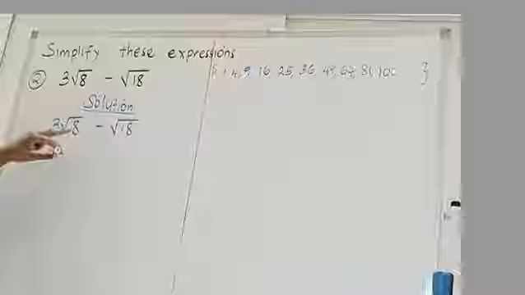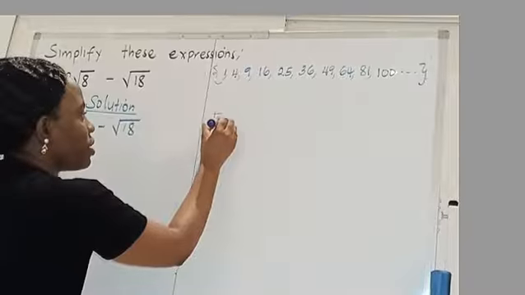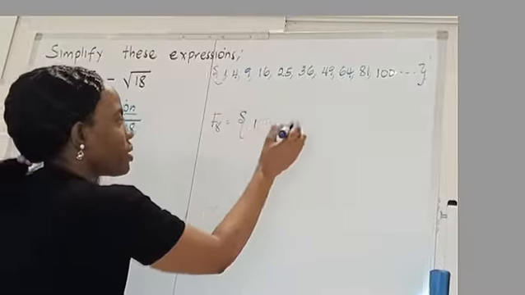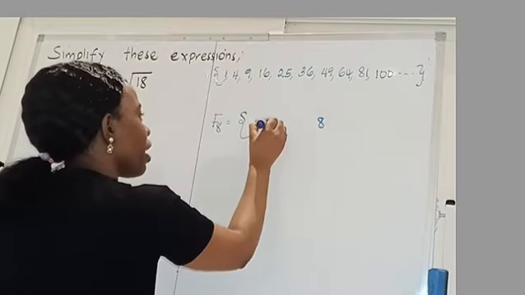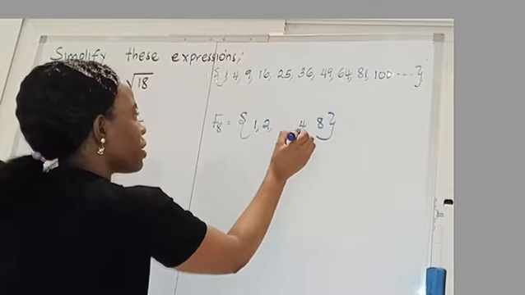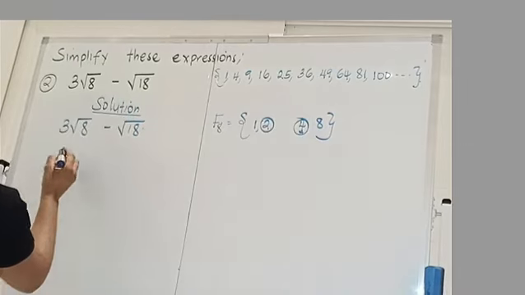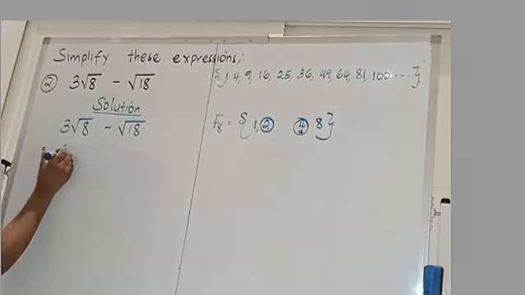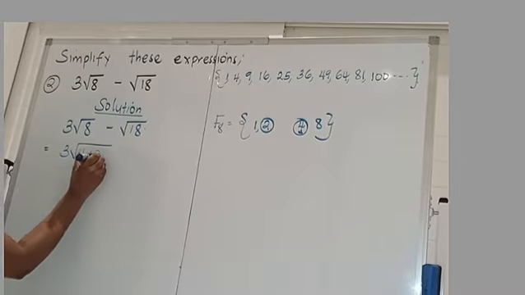What are the factors of 8? Factors of 8, we have 1 times 8, then we have 2 times 4. And 4 is a perfect square, or a square number. So let me take 2 and 4. So here we shall have 3 root 4 times 2.